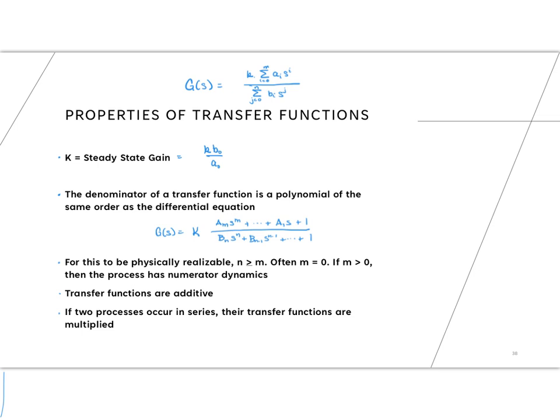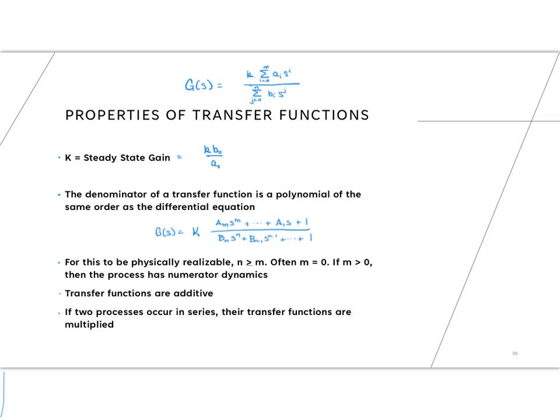After the last video, I had suggested you go back and look at some of your previous Laplace transforms of differential equations and see what you could glean from that. In general, what you end up with is some sort of polynomial in s in the numerator and a polynomial in s in the denominator.